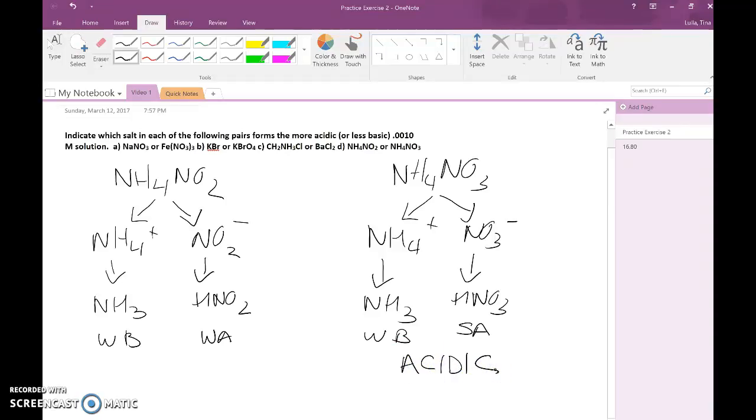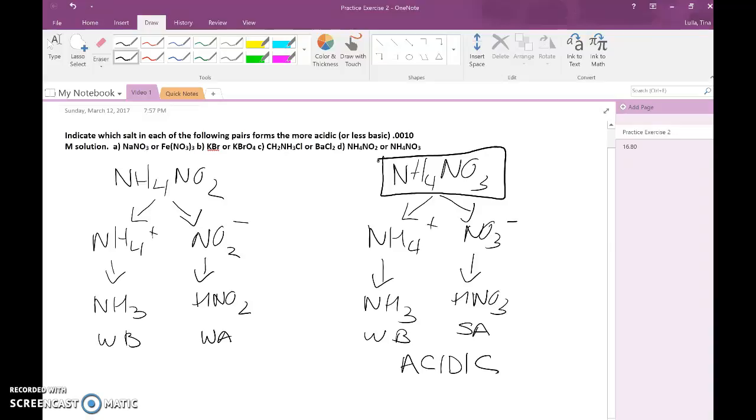Now, I might not actually have to figure this out, because if I'm comparing a weak base and a weak acid versus a weak base and a strong acid, no matter what, the one with the strong acid is going to end up being more acidic. So I'm going to say NH4NO3 is more acidic.